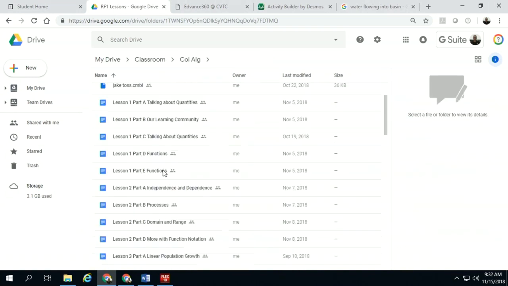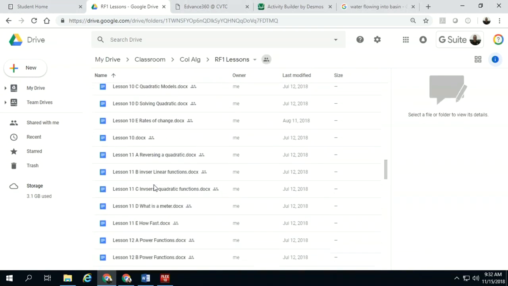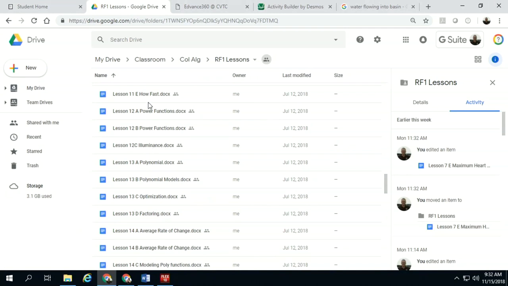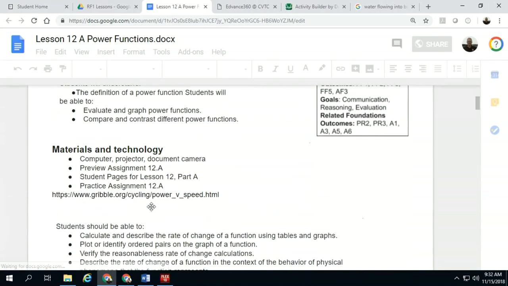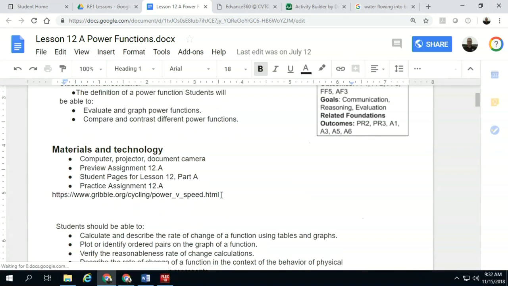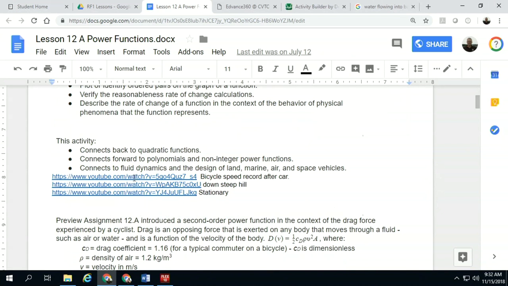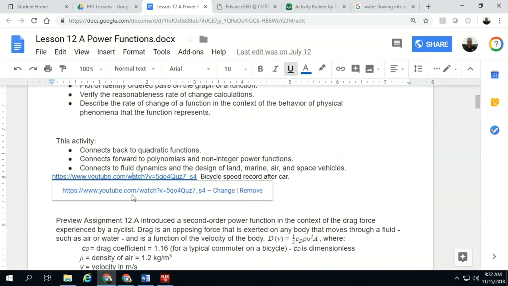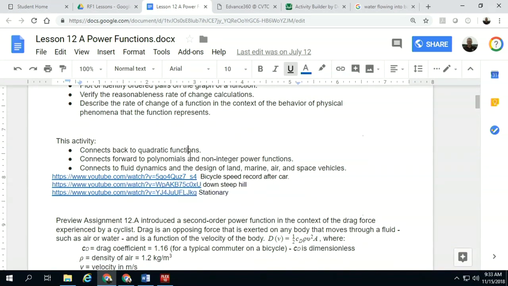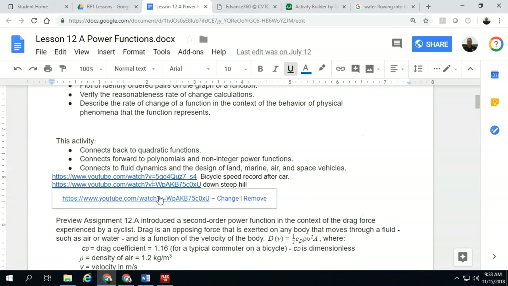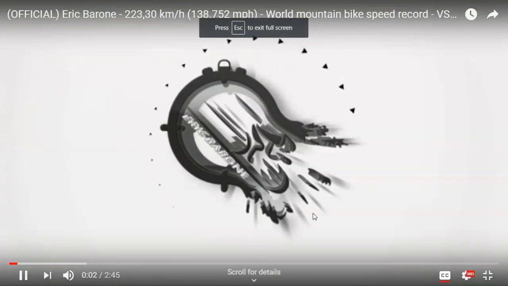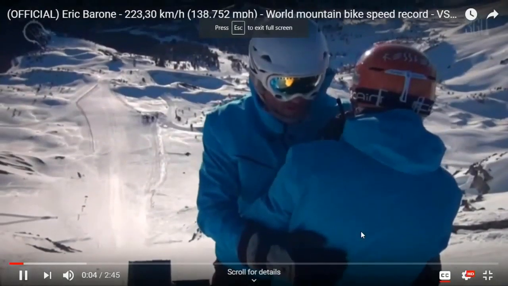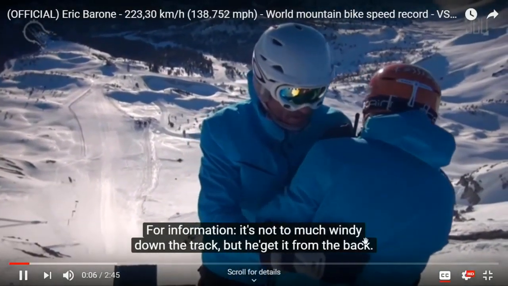Oops. 12A. This might not have it. There it is. Oops. Come on. Here we go. Okay. Let's see, do we have any sound?